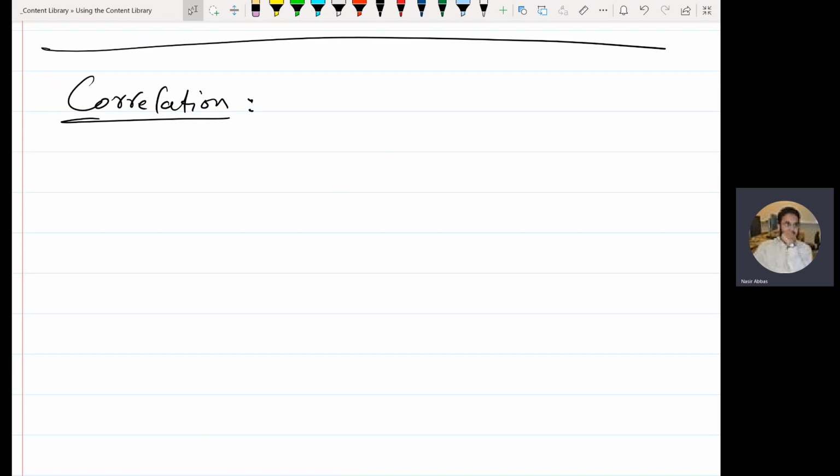The other way you are not interested in. So it's a one directional relationship. Sometimes you are interested in a descriptive statistic, a relationship between the two variables, regardless of which one is affecting which one or which one is not affecting. You just want to see how they are related. If one is moving in one direction, where is the other moving? So to study that concept, we have a measure called correlation.